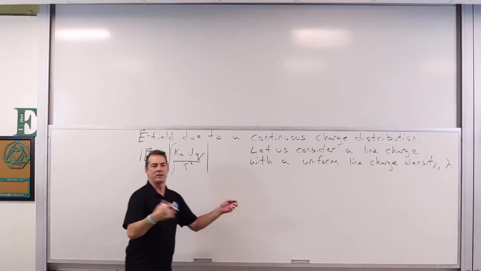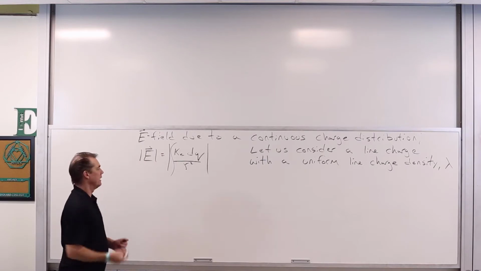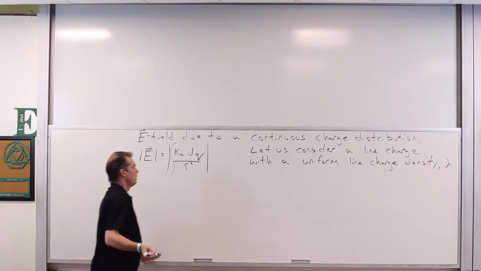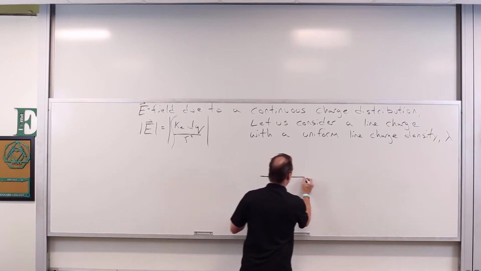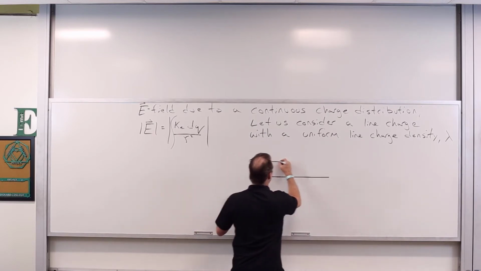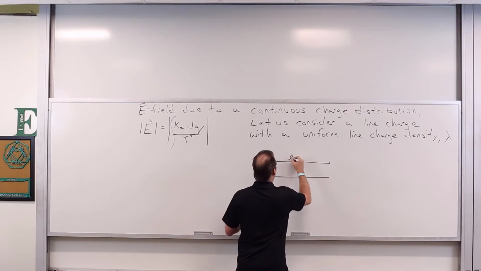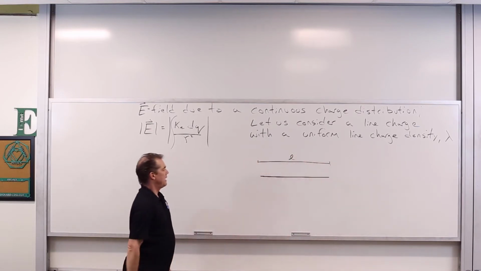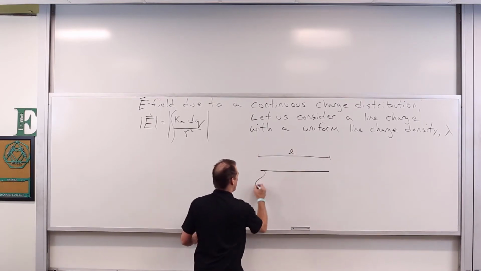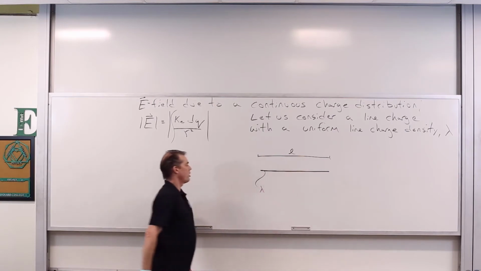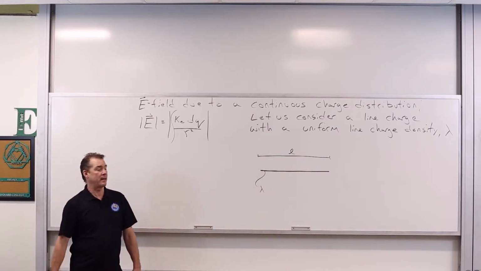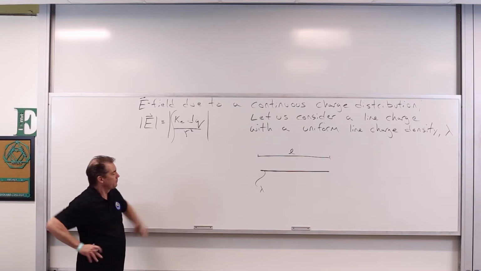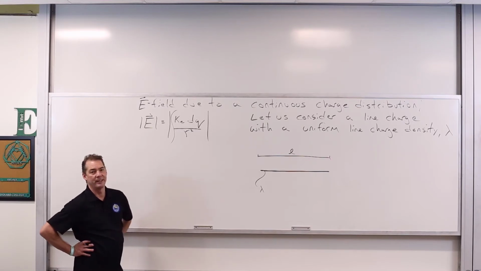So uniform, we're saying that it's constant, it's not varying spatially. So we're just going to take ourselves a line. Let's say this line has some length L and has some uniform charge density lambda, which is its total charge divided by its length. And we want to know, what's the electric field due to it?